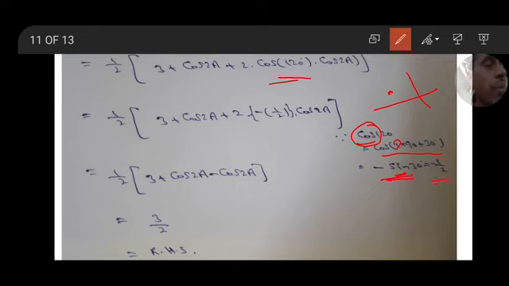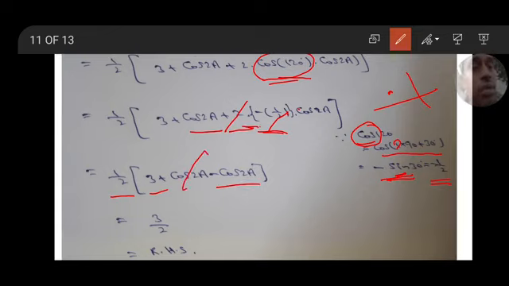Minus sine 30 means minus 1 by 2. So cos 120 value I am writing as minus 1 by 2. Here 2 cancel, we get 1 by 2, 3 plus cos 2a, plus into minus gives minus cos 2a. Cos 2a cancel, we get 3 only, 3 into 1 by 2, that is 3 by 2, that is RHS.